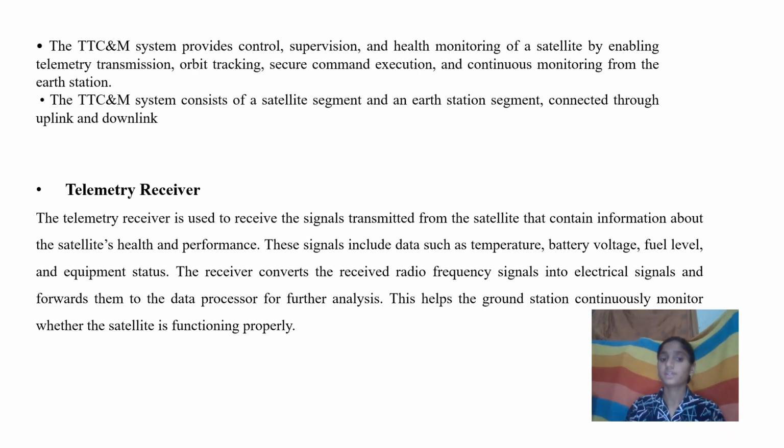That satellite health and performance, which we also discussed, is the telemetry system. The telemetry system tells about the satellite health and performance. The signals include data such as temperature, battery voltage, fuel level, and equipment status.